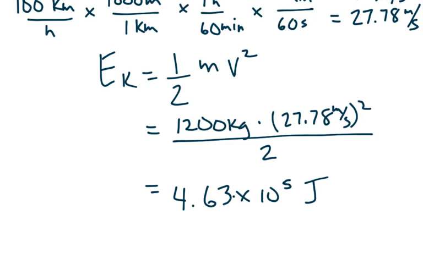Now, once we have an idea of what kinetic energy is, we can then make our way into the work energy theorem. If we remember from the previous chapter, we talked about the relationship between work and the resultant force required to carry out that work over a certain displacement.